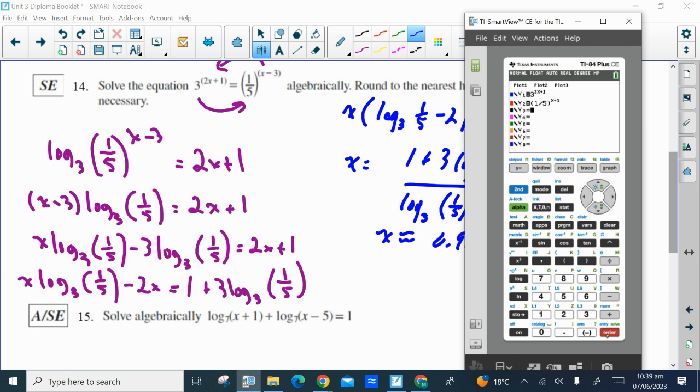If we graph them and find the point of intersection, you get the same decimal. Exactly the same decimal that we did algebraically.